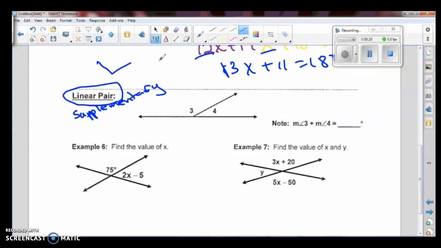What do we think? So these would add up to 180.